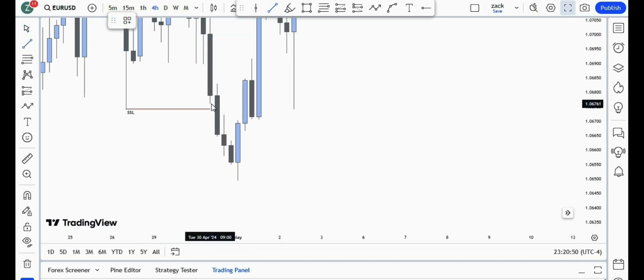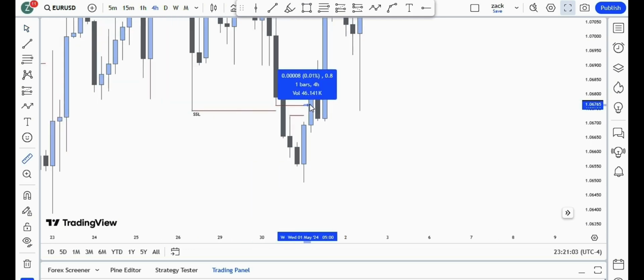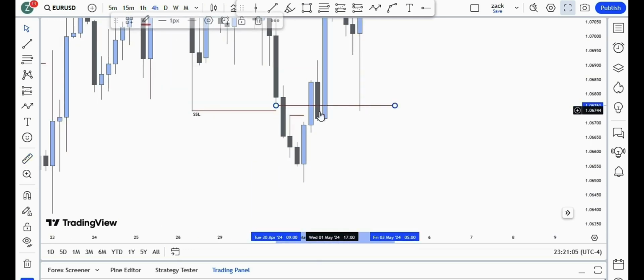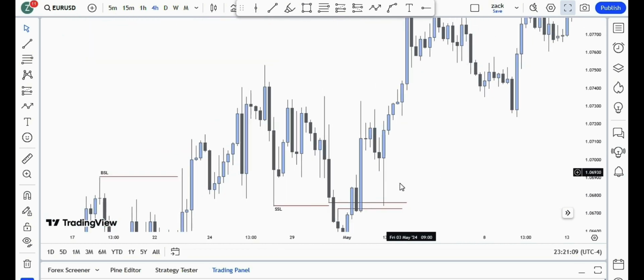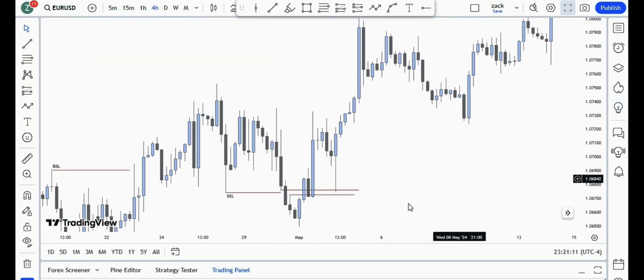We have this candle's low and this candle's high, an overlap. As you can see, price did what? Continued going higher, higher, higher.